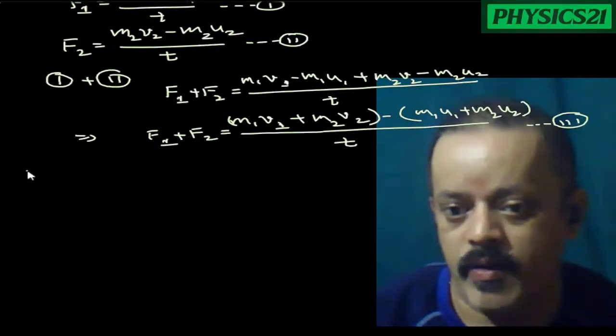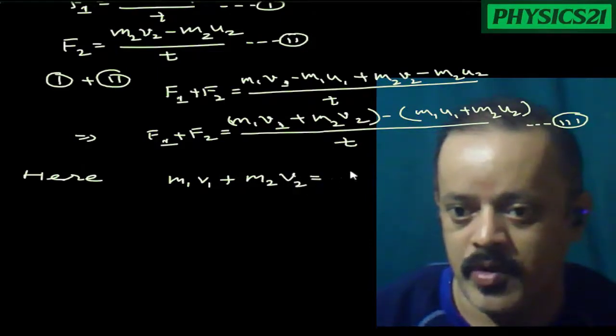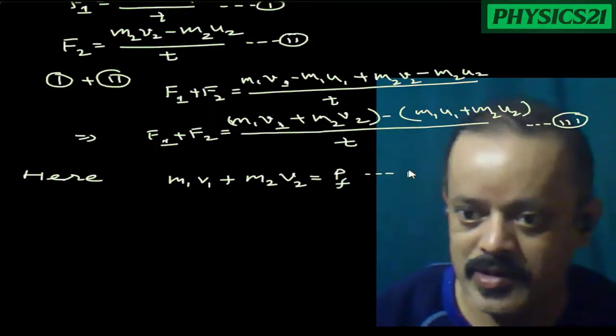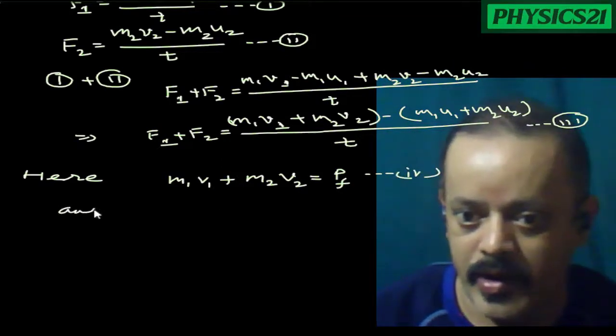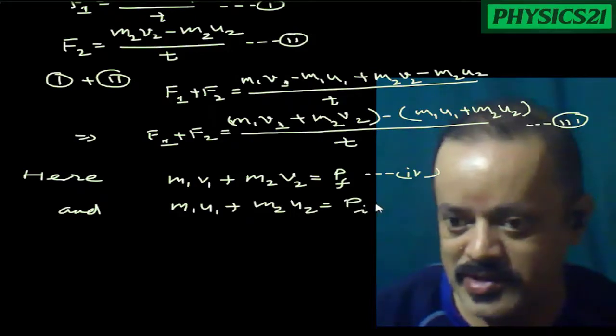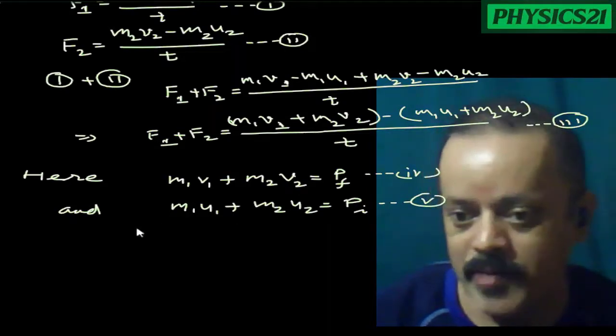Here m1v1 + m2v2 will be the total final linear momentum of the system, denoted by Pf. This is equation 4. And m1u1 + m2u2 will be the total initial linear momentum of the system, denoted by Pi. Let this be equation 5.